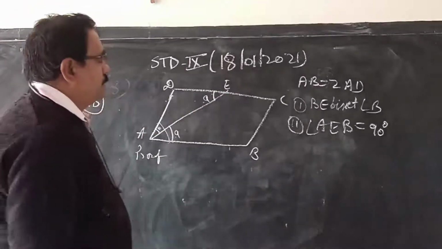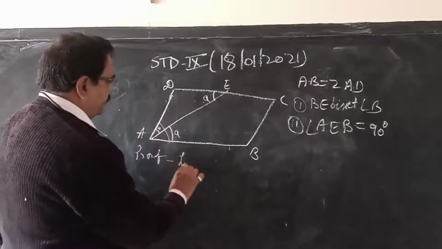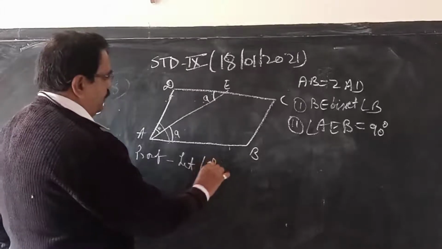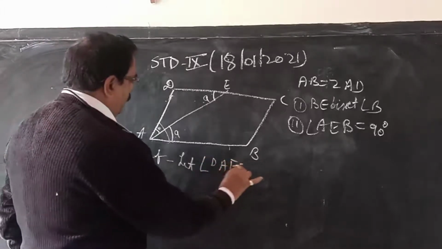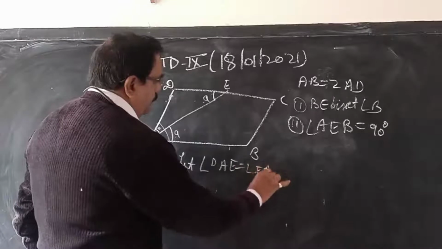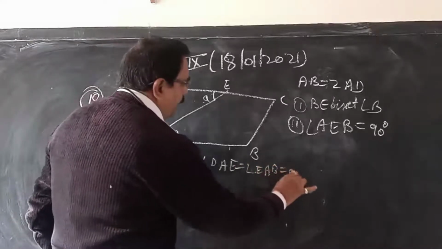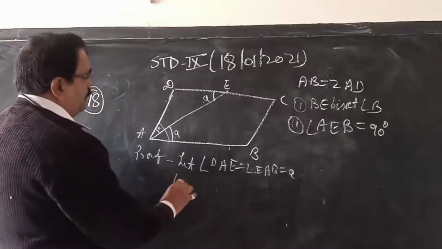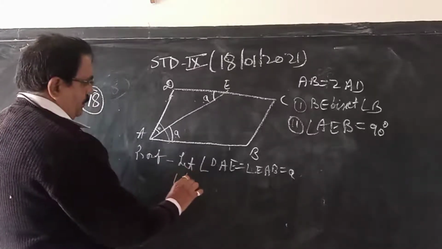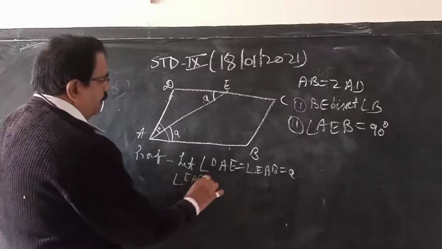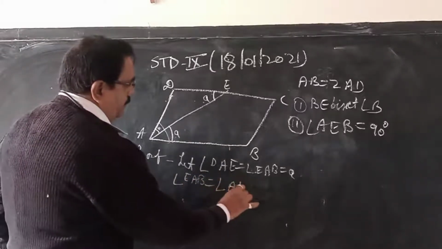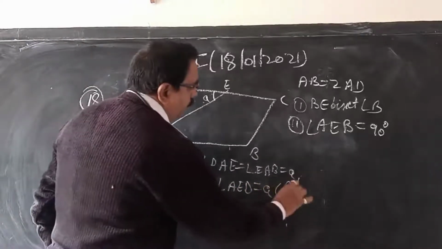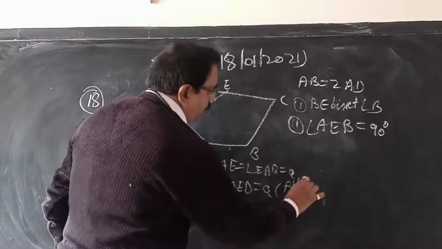Now in triangle ADE, first you have to write: let angle DAE be equal to angle EAB, that is equal to a. Angle EAB is equal to angle AED, which is equal to a, alternate angles.